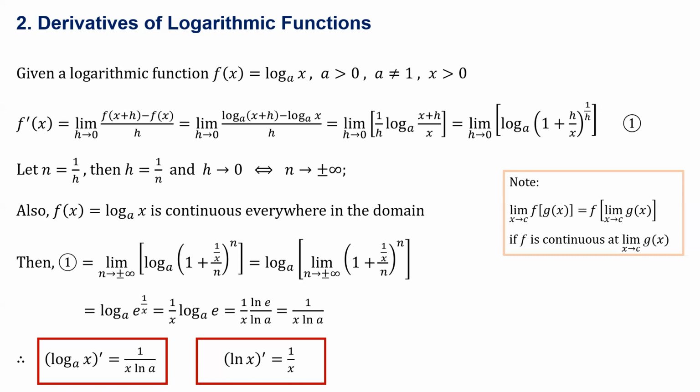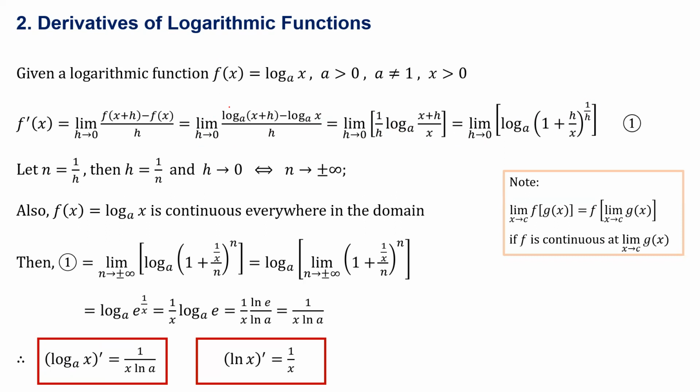Then that gives us the limit of log base a of (x plus h) minus log base a of x over h as h approaches 0, right? So note here, we can put 1 over h in front, and using the power rule for logarithm to put 1 over h here. Okay. Can you follow me?